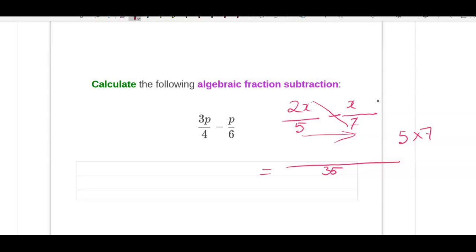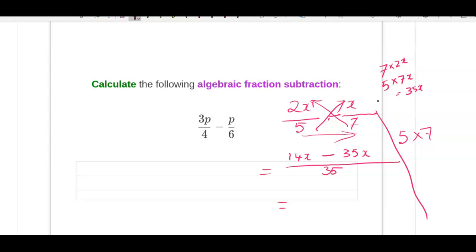And then you go boom, boom, cross multiply. 7 times 2x gives you 14x. Then in between, minus sign. 5 times x gives you 5x... 35x. Right, 14x minus 35x.